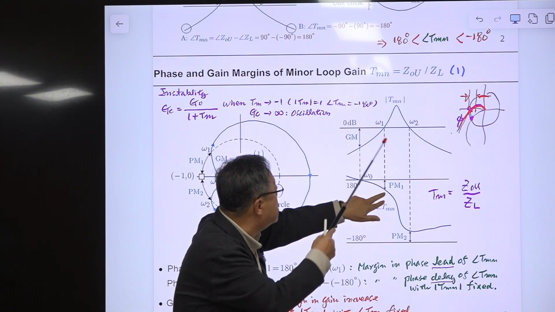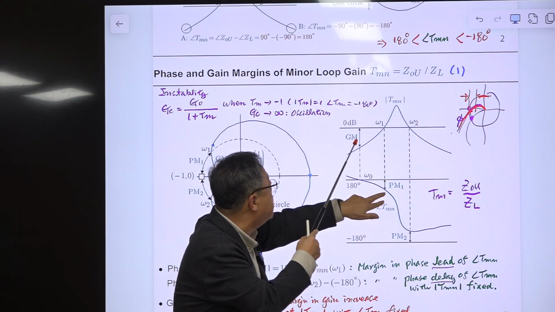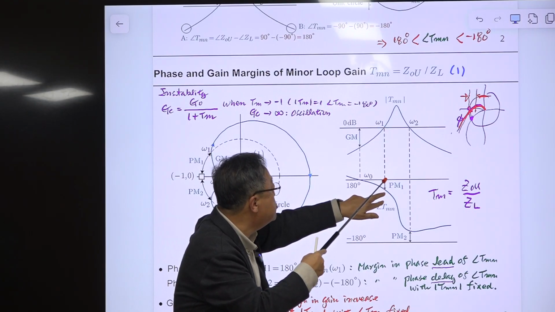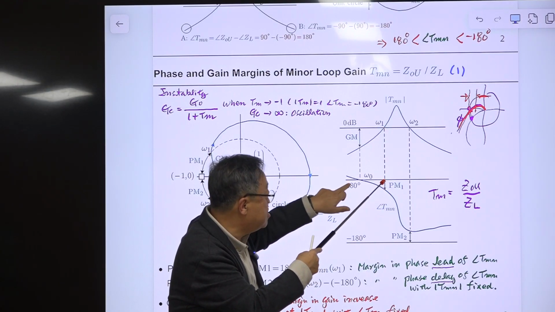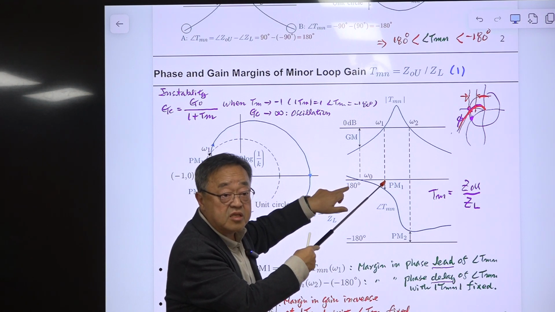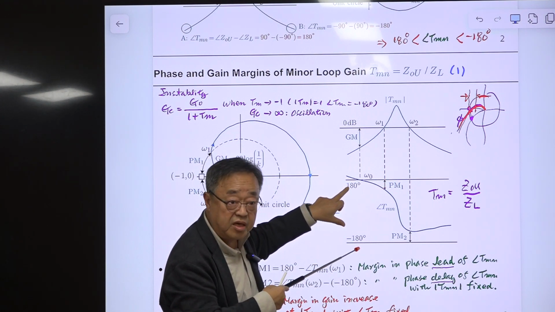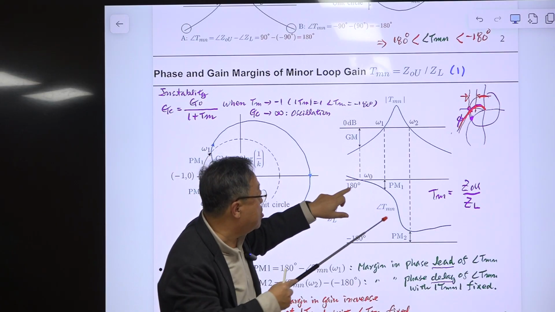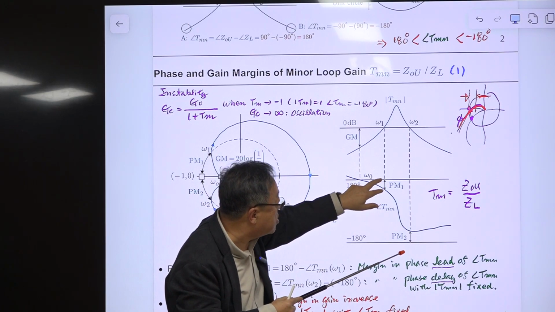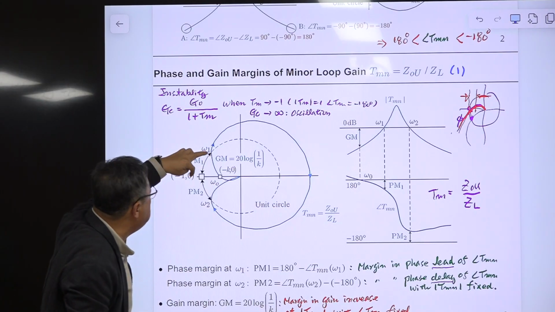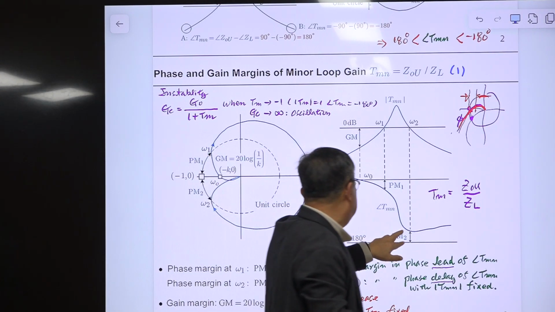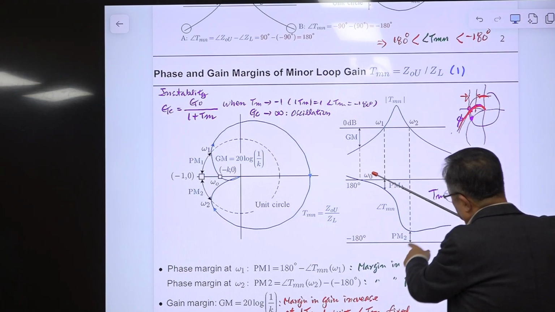Then at this frequency, when this magnitude becomes 1, radius becomes 1, phase becomes minus 180 degree. This 180 degree is the same angle as minus 180 because it's circulating. Okay. So obviously this is phase margin 1. So this angle is same as this angle. And here, this is phase margin 2.